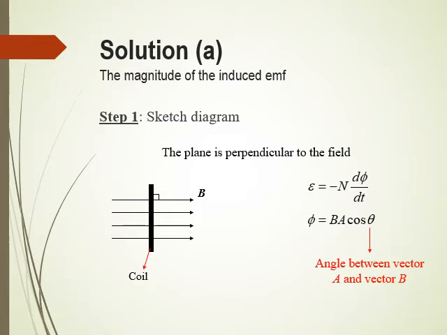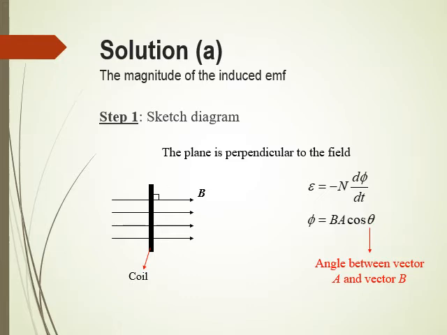To make it easier for us to determine the angle between vector A and vector B, I would always encourage my students to sketch the diagram, especially if they are not perpendicular to each other. So now let us go back to the diagram. Where is the direction of the vector A then? Remember, vector A is not the cross-sectional area of the coil.